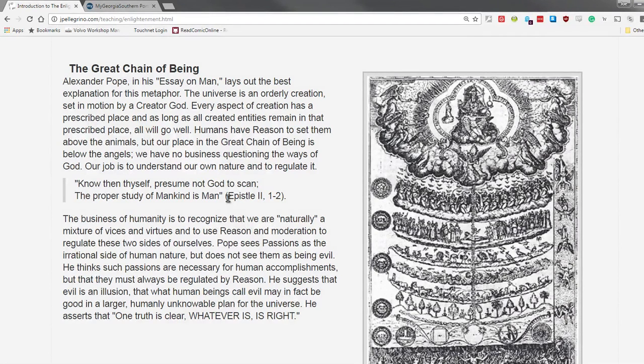So maybe you do A, B, and C, which aren't quite illegal, but they're not really that good. Nevertheless, you still want to do them, right? When your passions get greater control of you, you fall down the chain, and the universe doesn't work as well. And when your intellect gets the best of you, you rise up the chain, and the universe doesn't work as well either. Right? We have a long tradition of that.